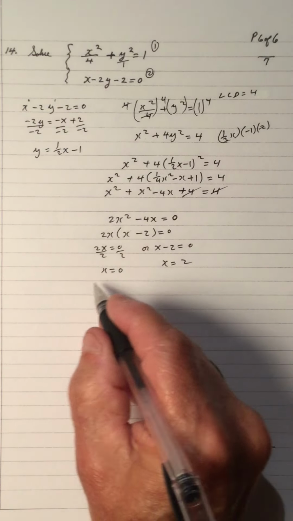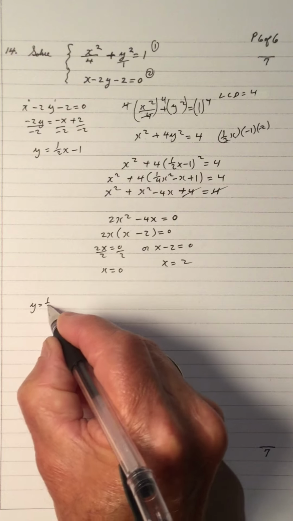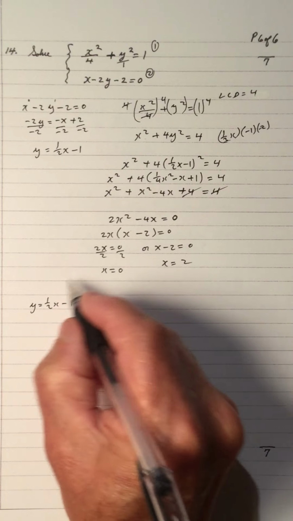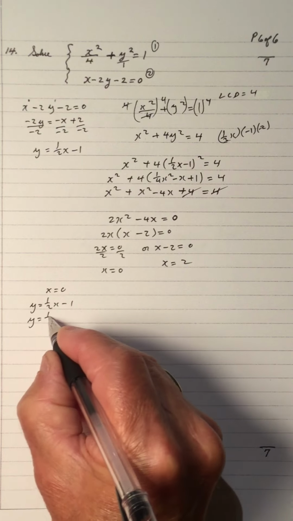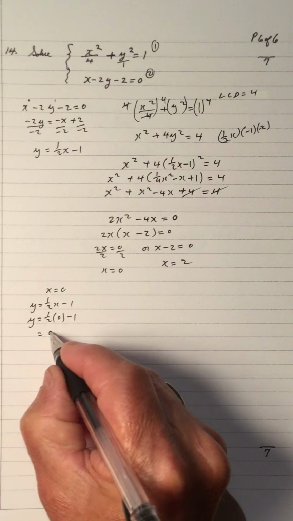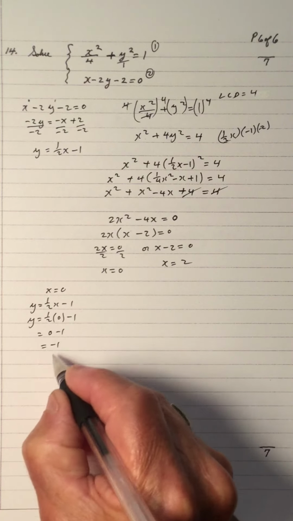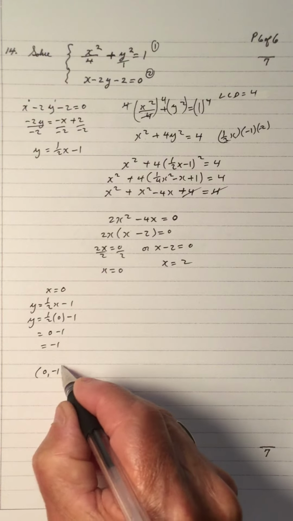So we got x equals 0, so let's write down the equation y equals a half x minus 1, and we're going to sub x equals 0 in. So x is equal to 0, half times 0 is 0. So when x is 0, y is -1.